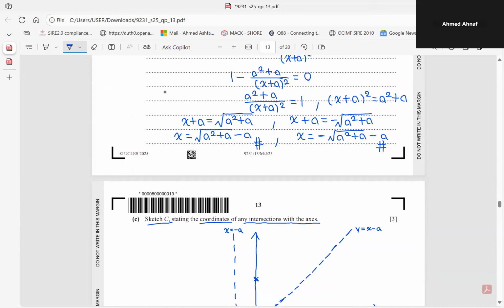Okay, so here we're just going to have to sketch the curve with the equation y equals the modulus of (x² + a + x) over (x + a). So this is just the modulus version of the curve that we sketched earlier. The whole function is under the modulus function, not just the x.